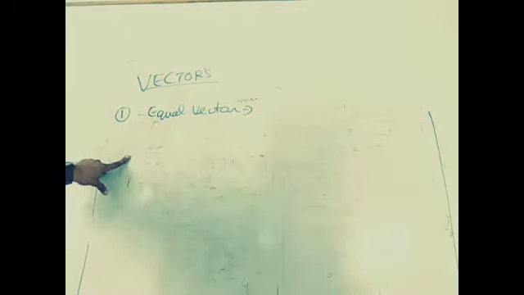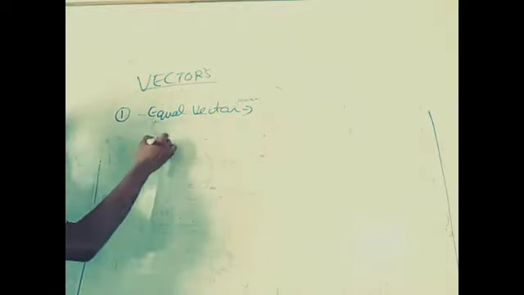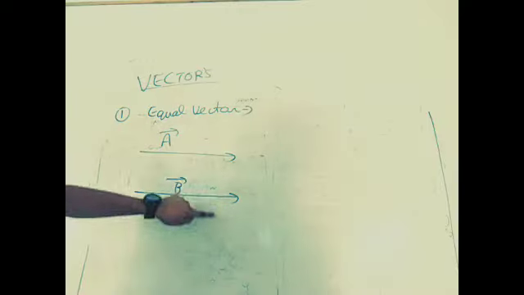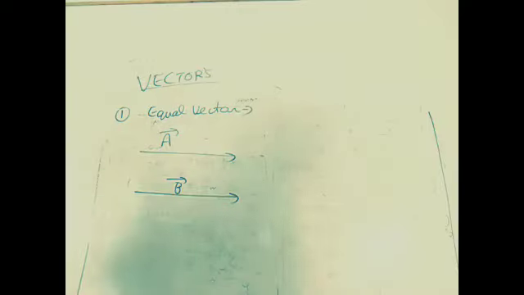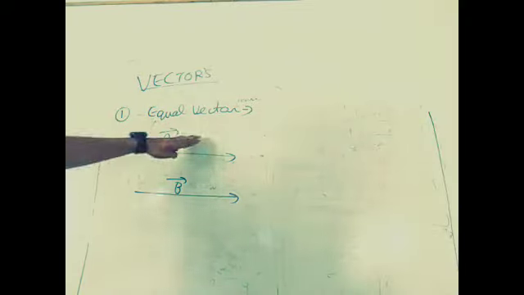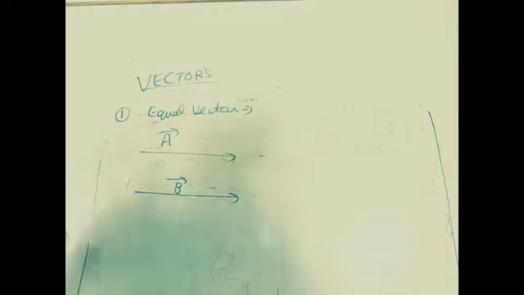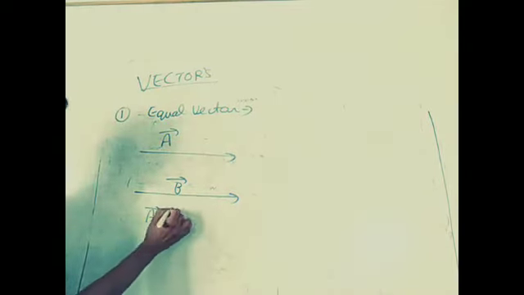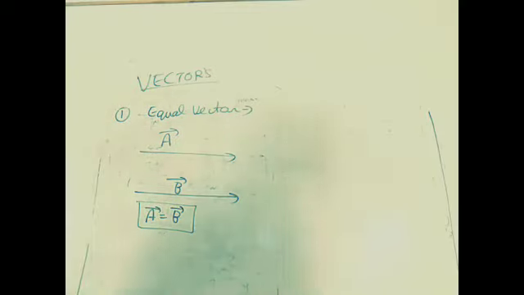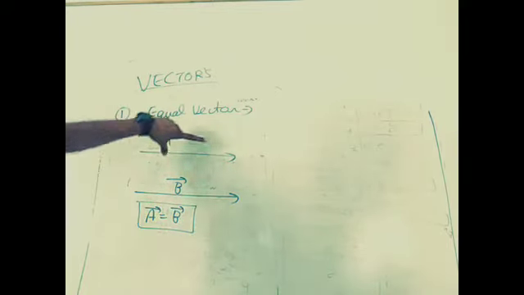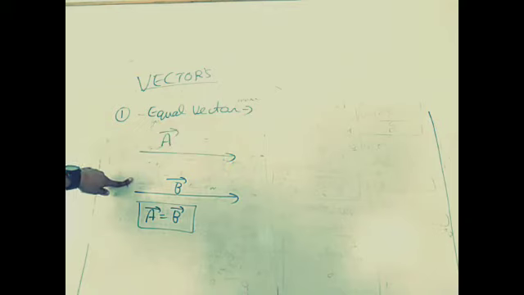Suppose you have a vector A represented by this arrow and vector B. You can see both vector A and vector B are in the same direction, and the length of these two vectors is also the same. Then you will say that these two vectors are equal vectors, and you will write vector A is equal to vector B. Equal vectors are those vectors which are equal in magnitude and equal in direction, meaning equal in length and equal in direction.